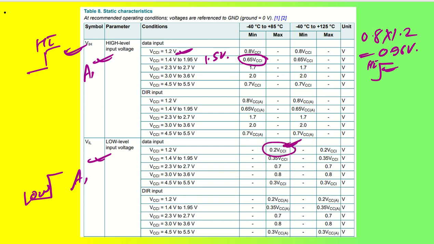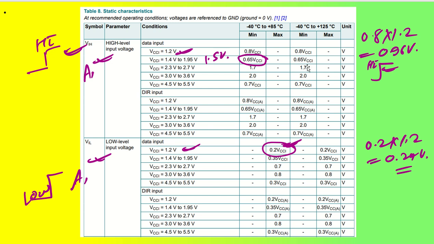You should not give more than this, otherwise it will be in the noise margin range. So let us say you are working with 1.2 volt logic levels. In that case, 0.2 times 1.2 is 0.24 volt maximum. You have to give a maximum of 0.24 volt, and only then will it be considered a low logic level, otherwise it will be in an unknown condition.